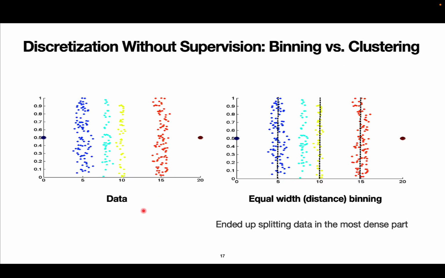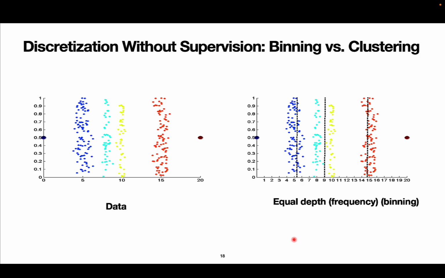The visualization example shows how a data set was partitioned using equal width binning. As you can see, the method ended up splitting the data in the most dense part because the implementation is straightforward. It just looks at the width and doesn't look at frequencies or distributions.